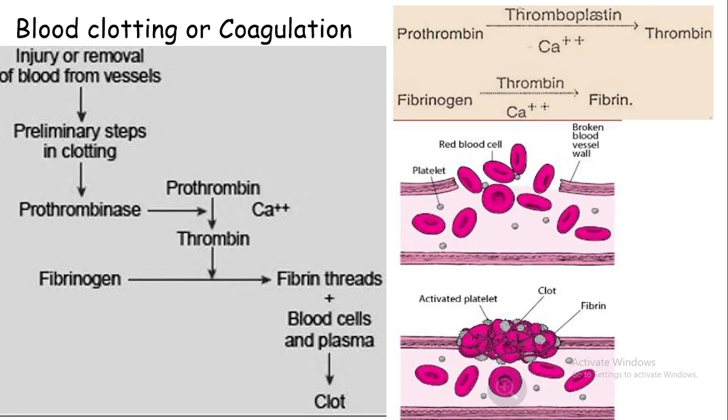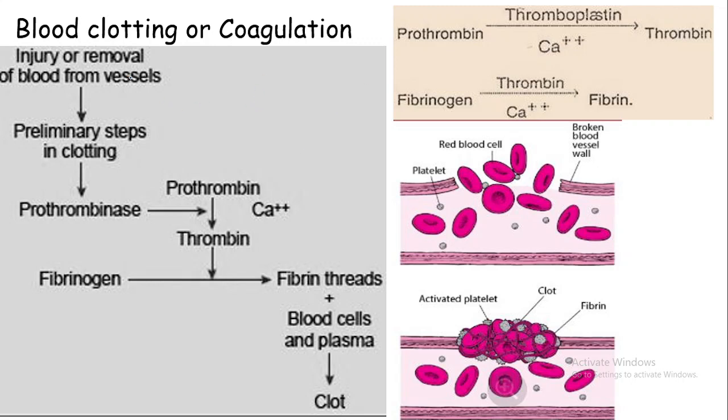Coming to the next concept, which is about blood clotting or blood coagulation. The hero of this particular phenomenon is the platelets. Along with platelets, there are so many other proteins that play a role. So let's just have a look at what exactly happens here.